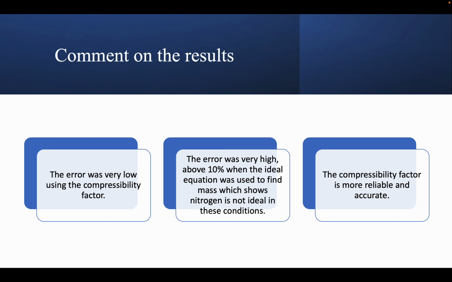It was around 12.6 something, which is above 10%, which is a lot, which shows that the nitrogen is not acting as an ideal gas in these conditions. And this also shows that the compressibility factor is more reliable and accurate in finding the mass of the gas instead of using the ideal gas equation.